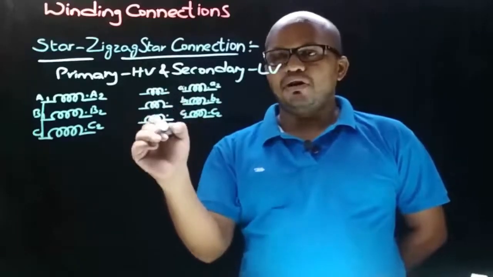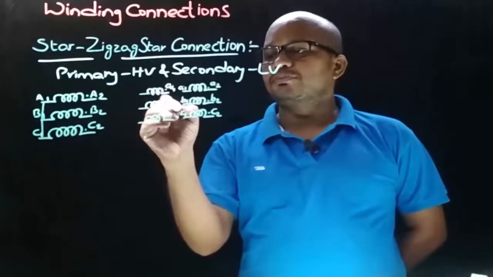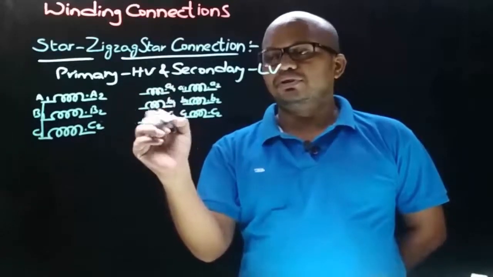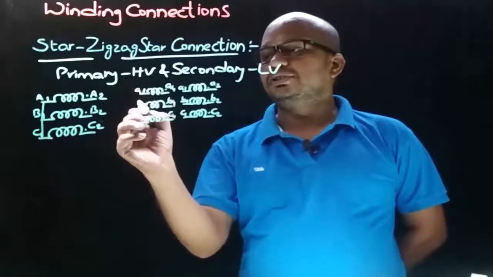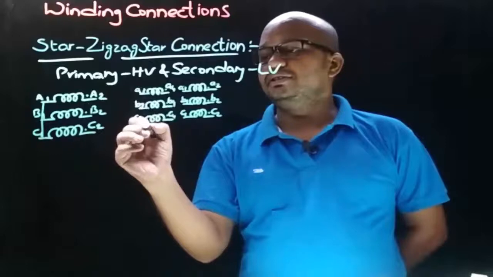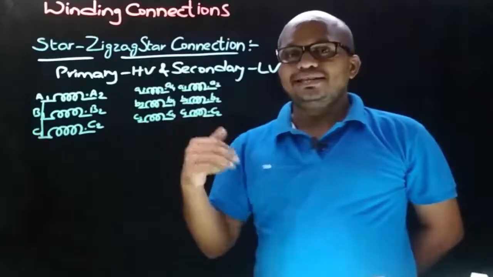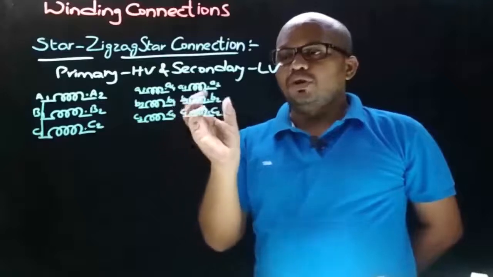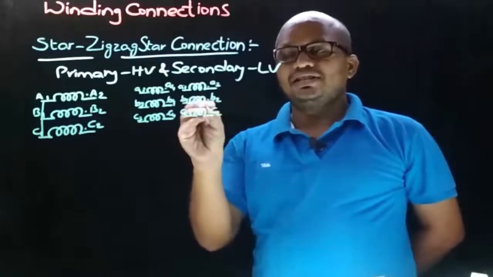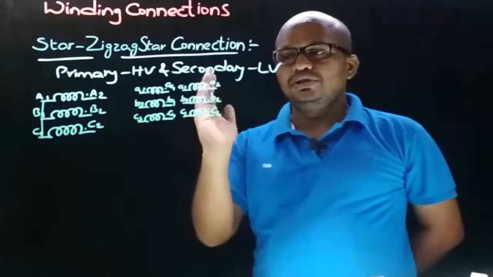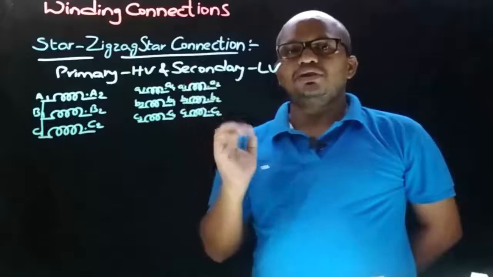Coming to this half section, the dot end terminals are small a4, small b4, small c4, and the non-dot ends small a3, small b3 and small c3. It is studied that the zigzag star connection is also called interconnected star because one half of the LV winding is star connected, and that star connection can be obtained either by joining the dot ends together or by joining the non-dot ends together.